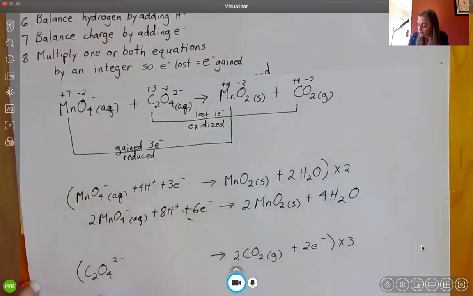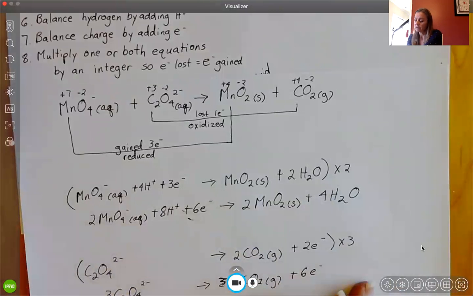And our oxalate becomes 3 oxalate ions, forming 6 carbon dioxide molecules and 6 electrons. And now we're going to combine our equations.